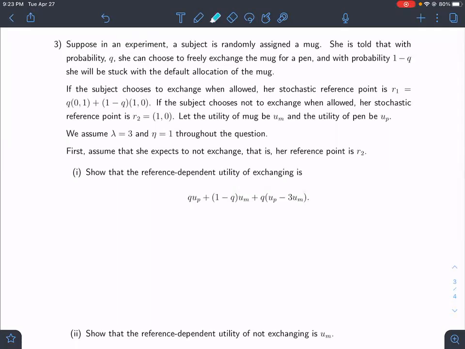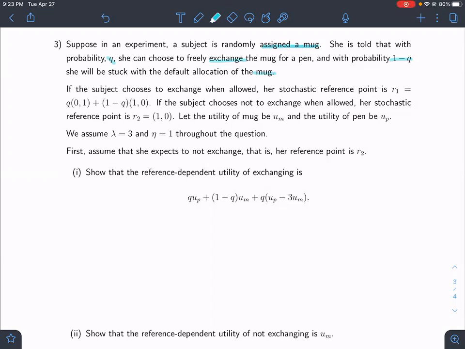If I just briefly review this question, you are already assigned a mark. And then by probability Q, you can exchange the mark for a pen. So you give the mark and get the pen. By probability 1 minus Q, you are stuck with the default choice of the mark. So you just keep the mark.